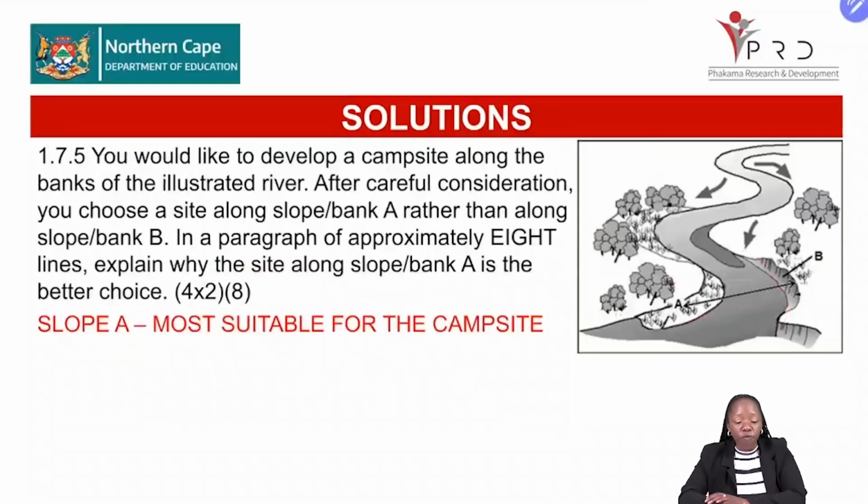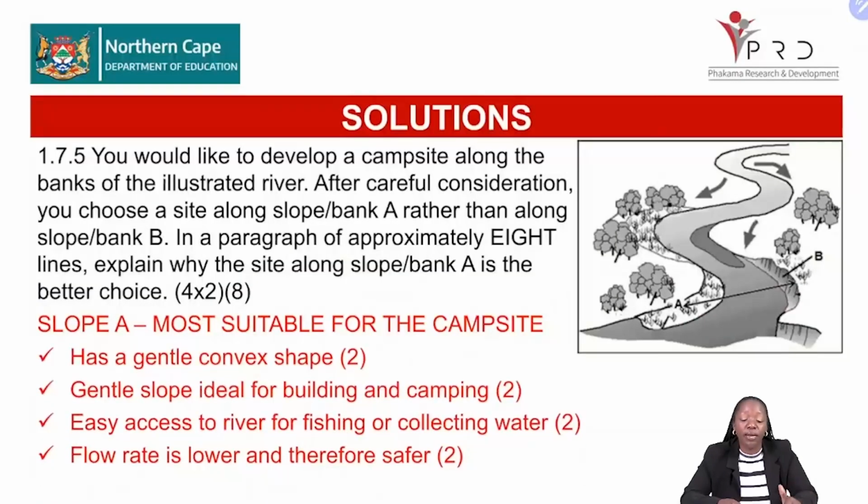Then we're moving to our next question. You were supposed to discuss why site A or slope or bank A is a better choice for the campsite development. So slope A is more suitable for the campsite because, number one, it has a gentle, convex shape, as you can see there, because there is a deposition. Remember, deposition occurs at the lower course where the slope is gentle.